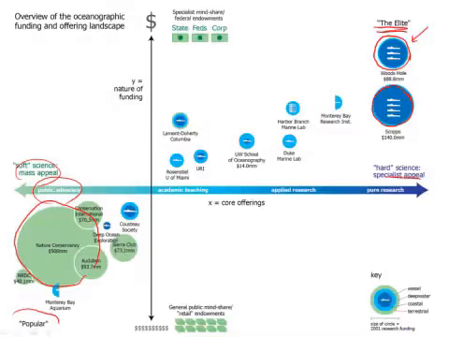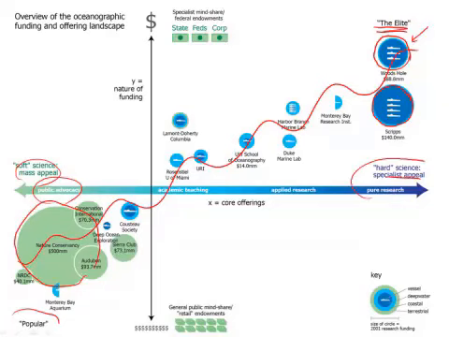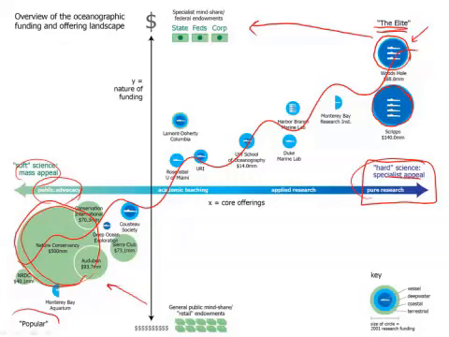So here we have the landscape, and you'll notice that there does seem to be a sort of line that moves like this. An organization is elite if it focuses on pure research, and pure research organizations get their money in few but very large doses. Popular science-based organizations can be even bigger, but they do not do pure research, and they get their money, again, through the public.